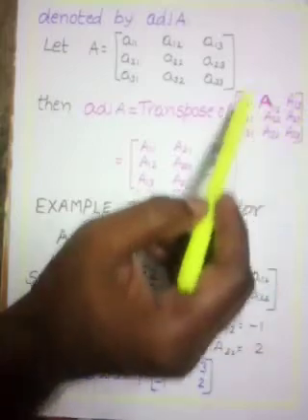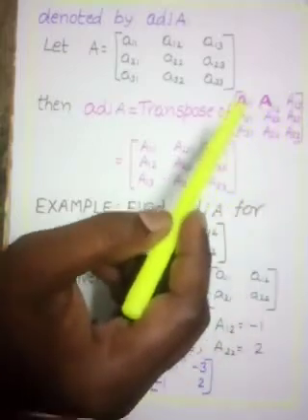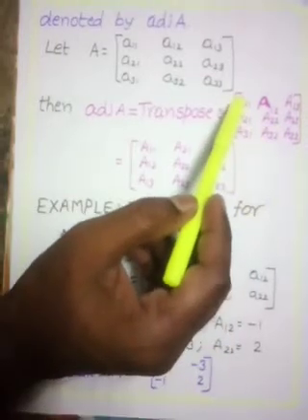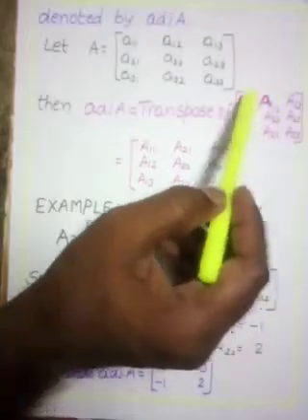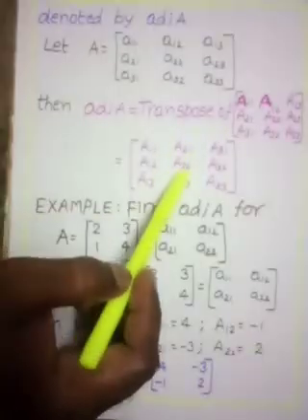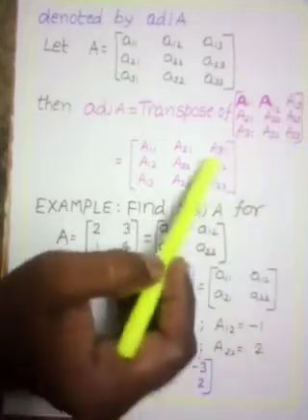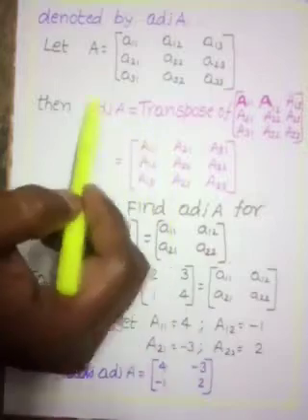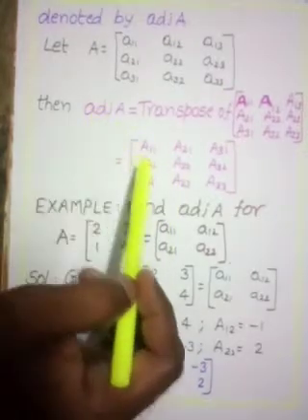We have to take its transpose. You know what is meant by transpose of a matrix: just interchanging the rows and columns. So we write the first row as the first column, the second row as the second column, the third row as the third column. Then this final matrix is said to be the adjoint of the matrix A.